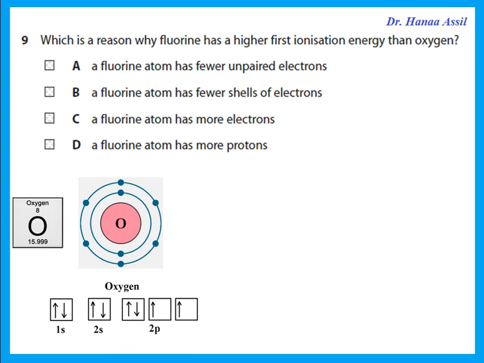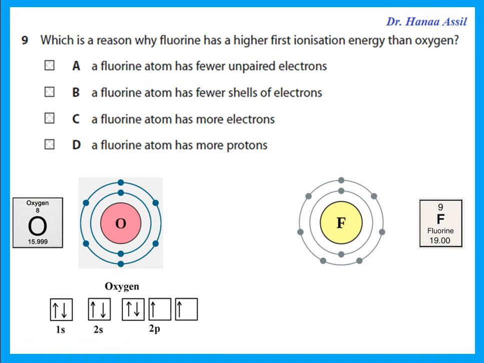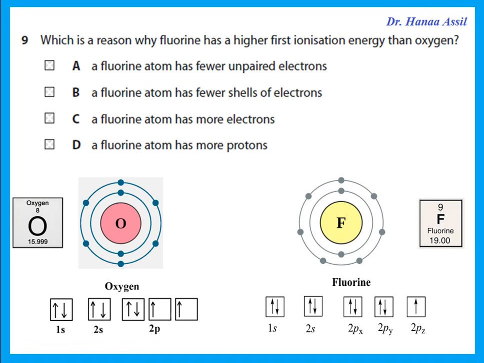When we do fluorine, fluorine has 9 electrons, so these are the distributions, 1s2, 2s2, 2p, how many? 2p5, right? Okay. Then he's asking, why is it that fluorine has higher first ionization energy?